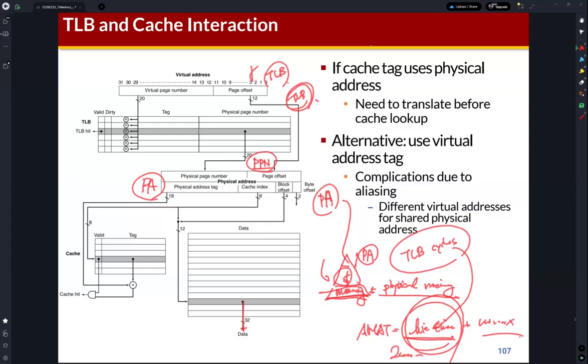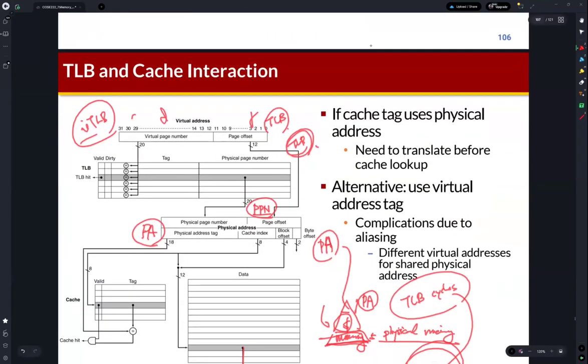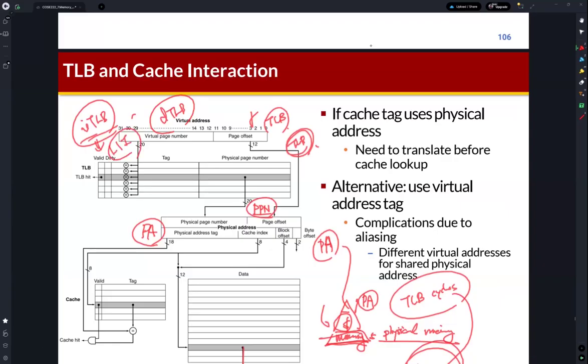For the level 1 TLB, there are two types, like the two types of level 1 caches. The ITLB is the instruction TLB, and the DTLB is the data TLB. The ITLB is used for the L1 iCache, the level 1 instruction cache, and the DTLB is used for, obviously, the L1 data cache, right?